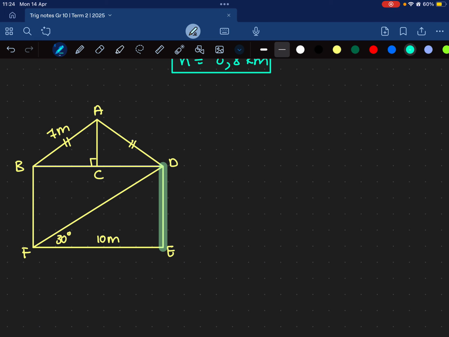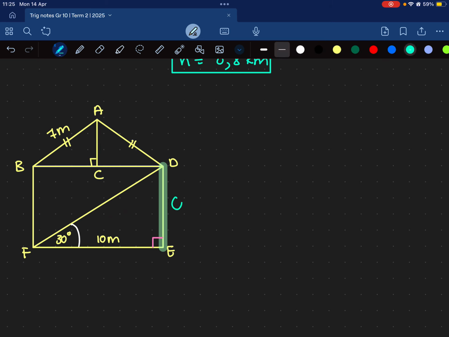It wasn't given in the question, but it is correct to say that it must be perpendicular because it's a straight wall going from the ground. So in order to find DE, I have 30 degrees over there. Clearly I'm missing some information, because you can see that the angle opposite to DE is the 30.